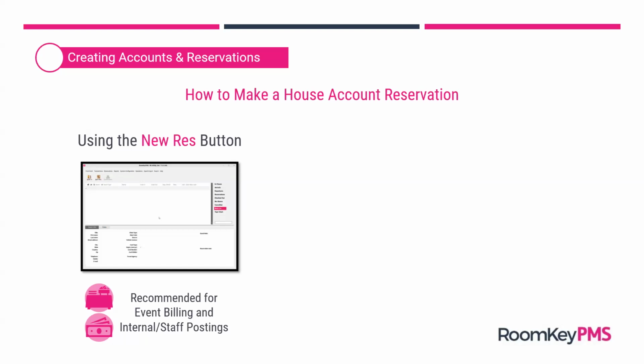If it's for internal staff purposes, you might have the name of the staff member listed as first name, last name, and instead of guaranteeing it to a credit card, you might uncheck that guarantee checkbox because those postings would be just posted to the hotel itself for things like staff meals or any staff purchases. We'll see a couple of examples throughout today's presentation as well.